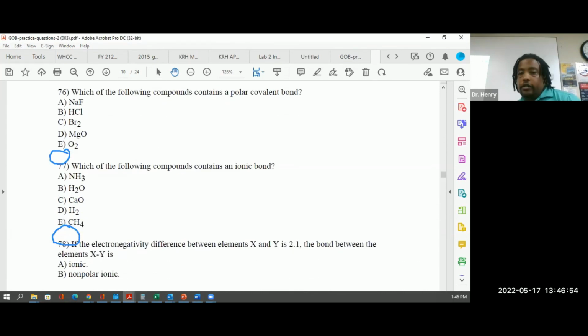Okay, we'll do the last three. Which of the following compounds contain a polar covalent bond?